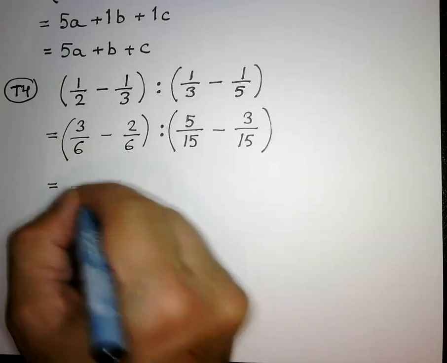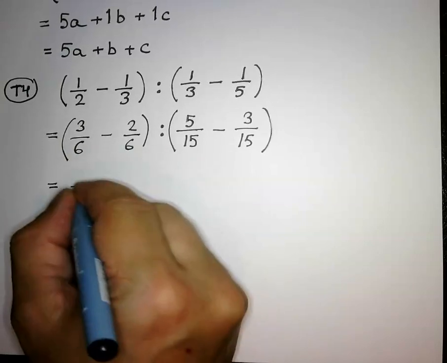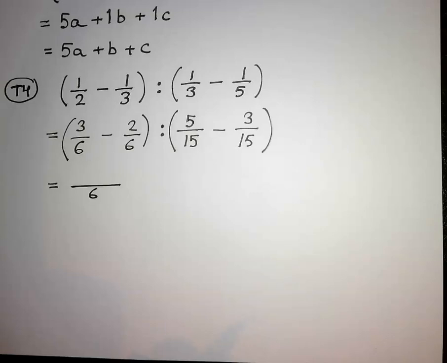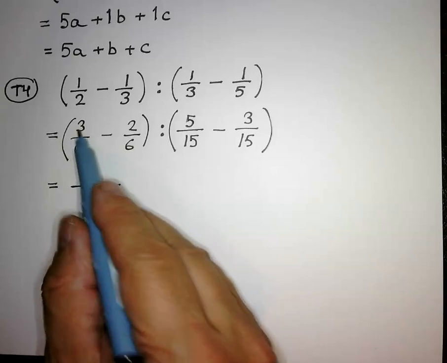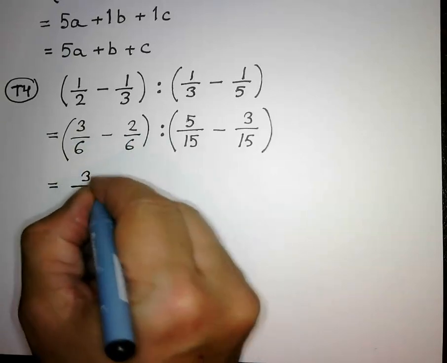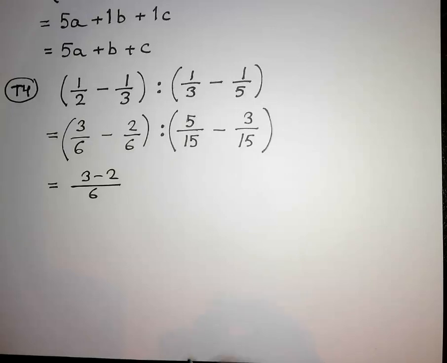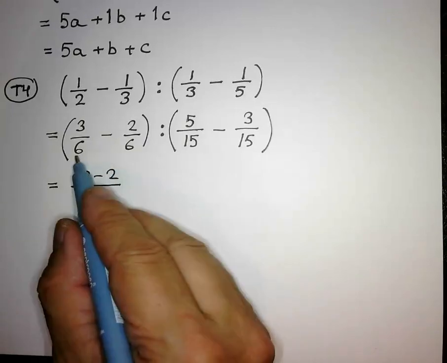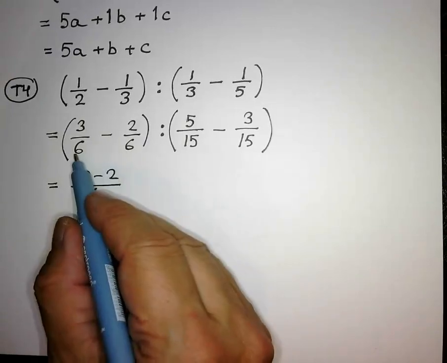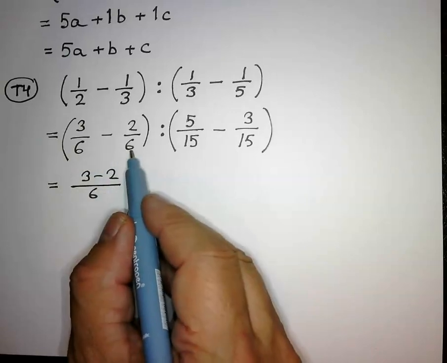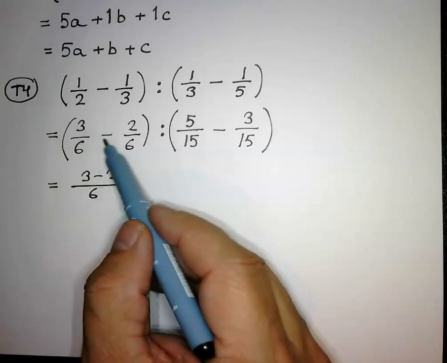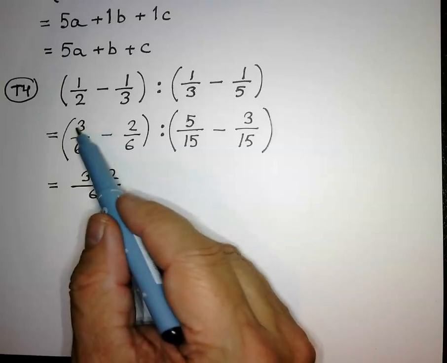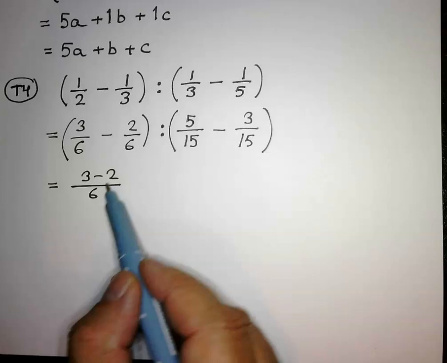We can put it under only one division line, and then in the upper part we have 3 minus 2. So this is the rule. If you have the same denominator, you may use the calculation only in the top part of the fraction. So here we get 3 minus 2.